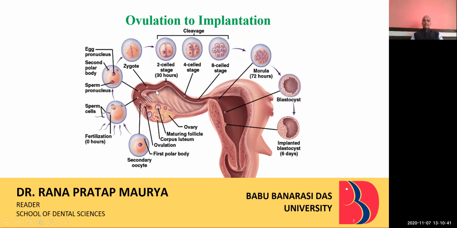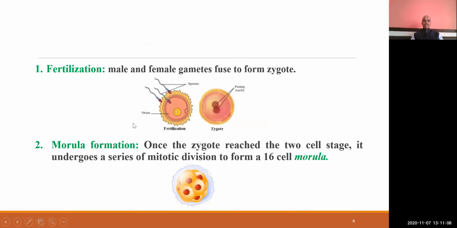The zygote travels through the fallopian tube and is implanted in the body of the uterus. There are various stages from zygote to implantation. First, cleavage of the zygote forms 2 cells, 4 cells, 8 cells, and then the morula.